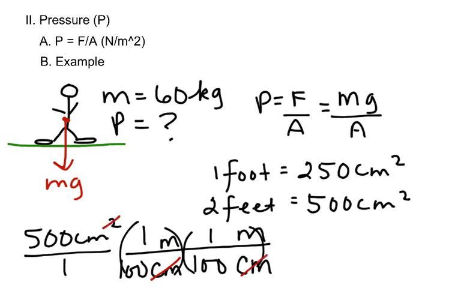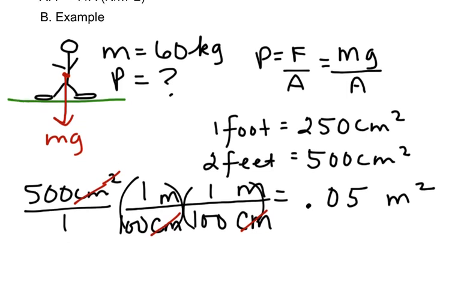The other centimeter in the bottom cancels out the other centimeter. So I am left with a unit of meter squared, which is what I want. And then multiplying across, and multiplying the bottom, and then dividing, I get 0.05 meters squared. So that is the area that the person applies to the ground.